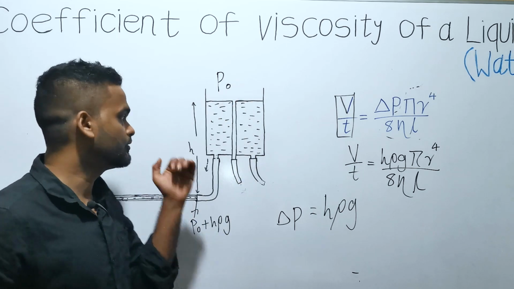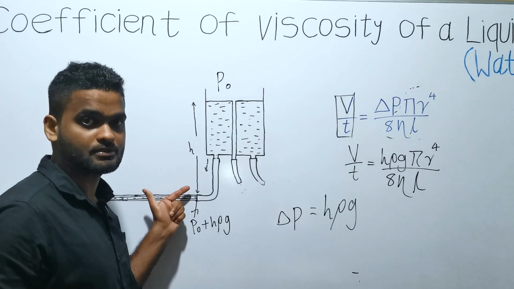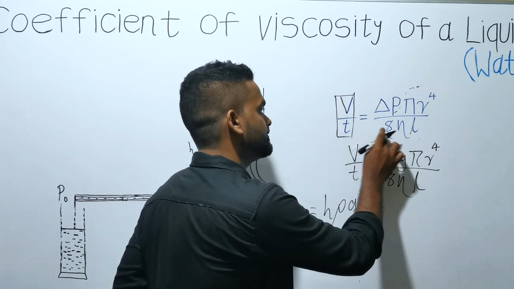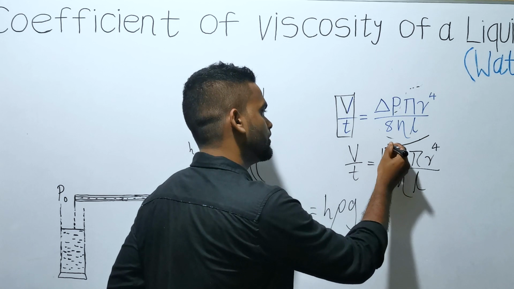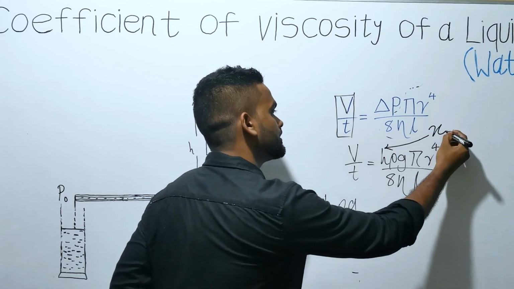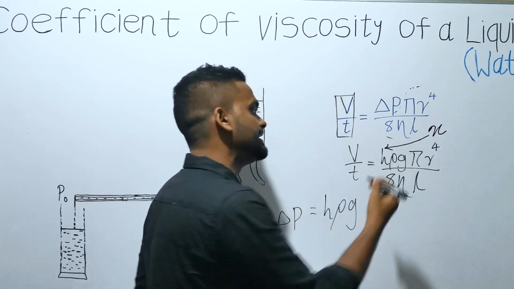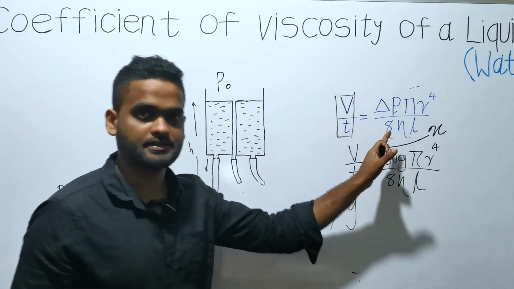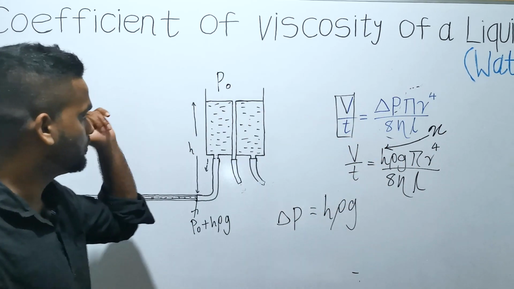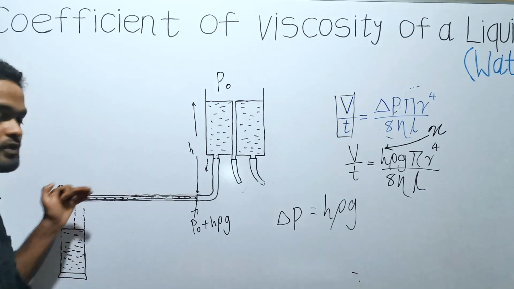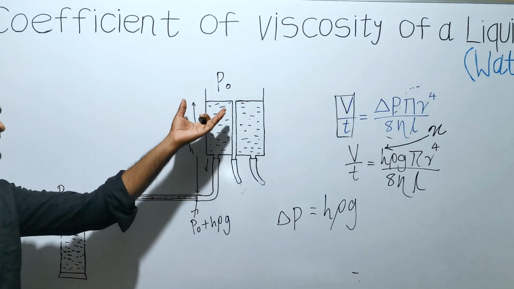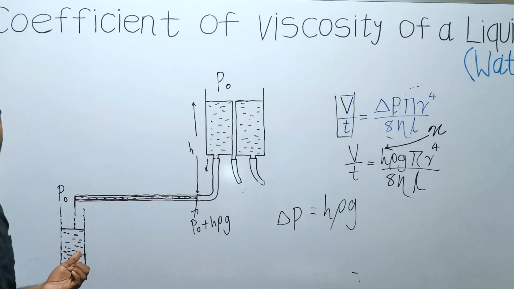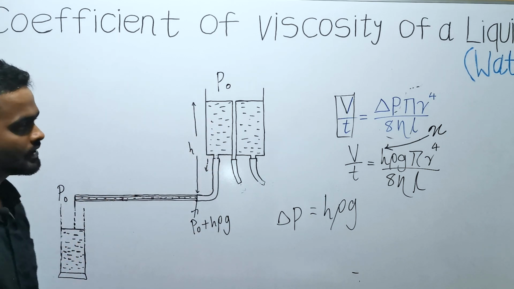By changing that, we can change simple H. So that simple H is the variable that we are going to change. So we can call that the independent variable X. So when we change simple H, what changes is the volume flow rate. Since the pressure difference increases, the volume flow rate also increases.